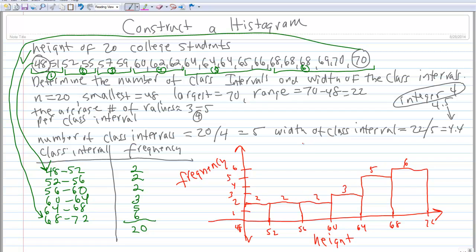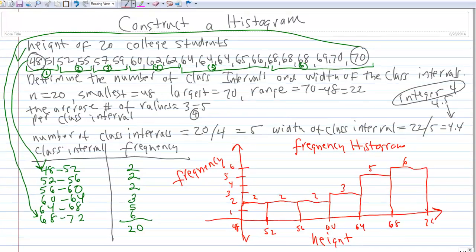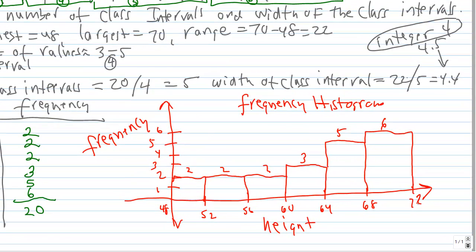And this is called a frequency histogram. And if you look at the histogram, you notice that the heights are tending toward the larger values. We have a lot of people who have heights between 60 and 72 or 70 inches.